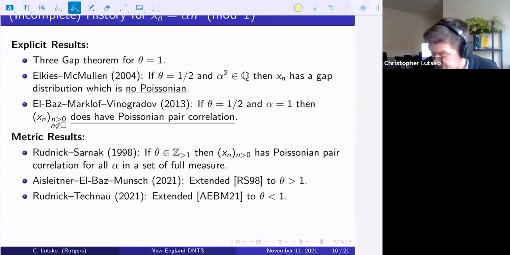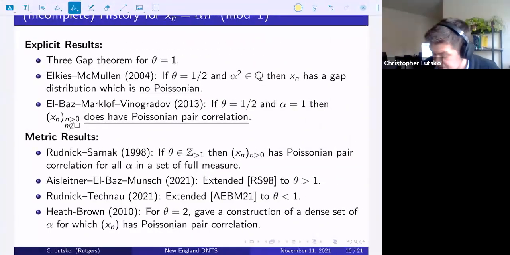The only other result which I'm going to mention is a result of Heath-Brown, which is for theta equals 2, where he gave a construction of a dense set of alpha for which x_n has Poissonian pair correlation. However, his construction isn't explicit.